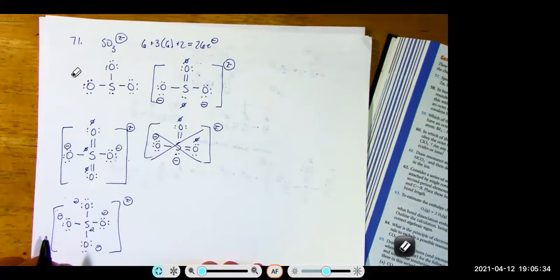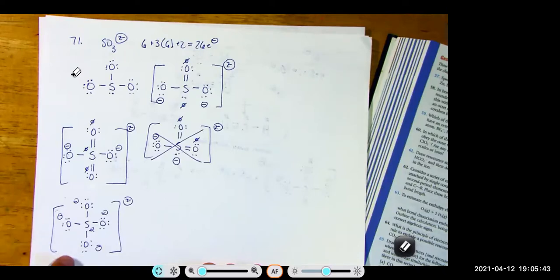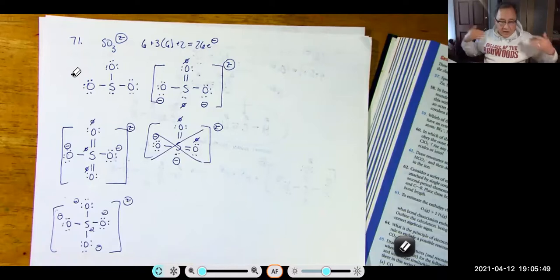Do you just make it even if it can be hypervalent? If it can be hypervalent, yes, because you get better formal charges. And because sulfur can have 6 bonds. Anything in period 3 on up, 3, 4, 5, 6, can be hypervalent.